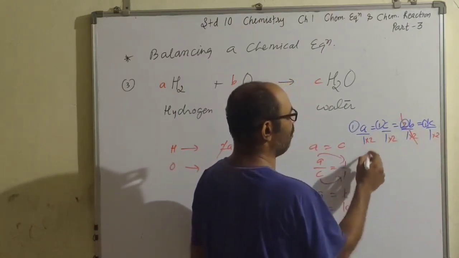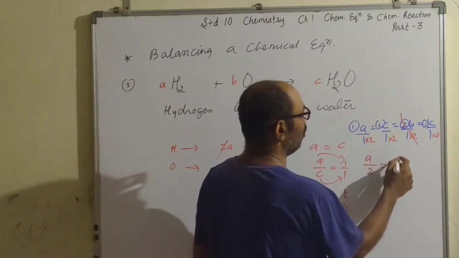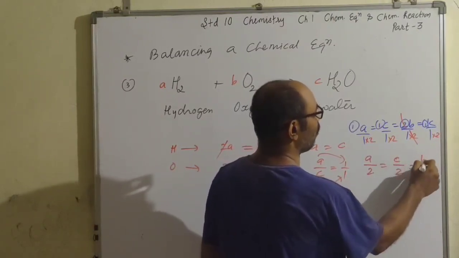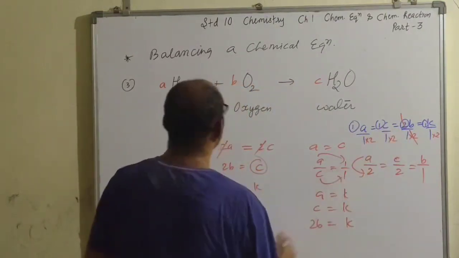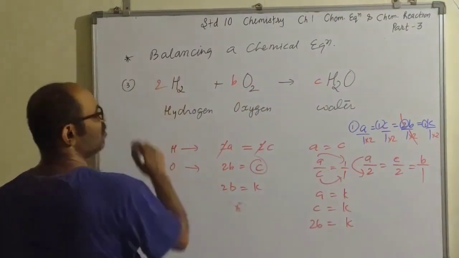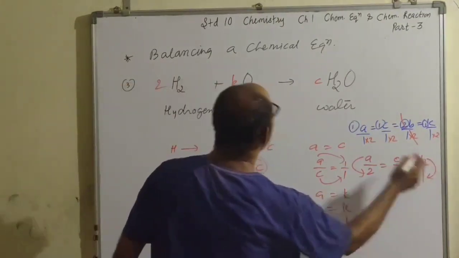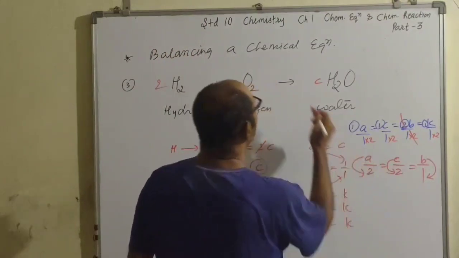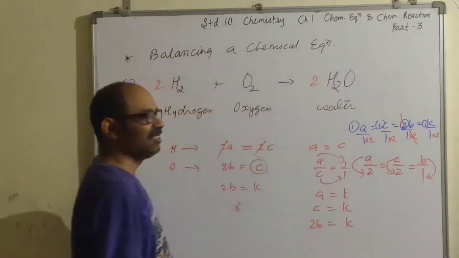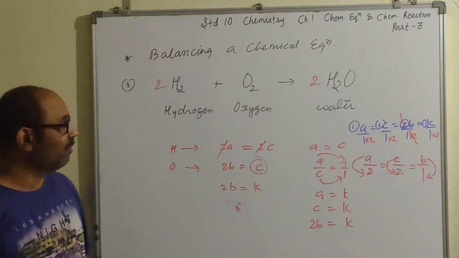So now you got A upon 2 is equal to C upon 2 is equal to B upon 1. So what is A? 2. A is 2. What is B? 1. So B is 1. No need to write. And what is C? 2.